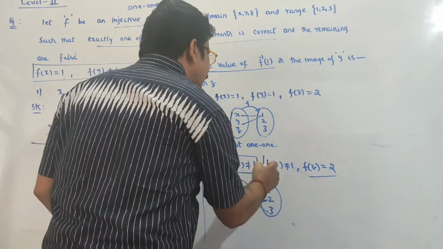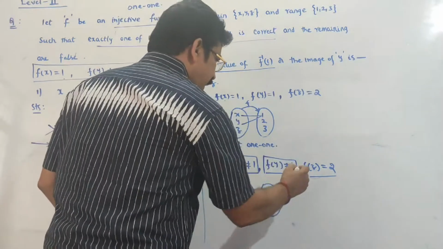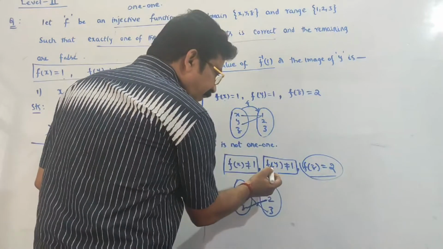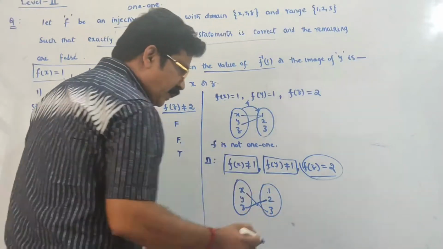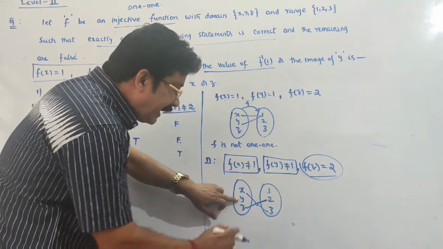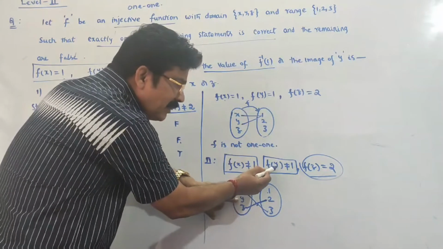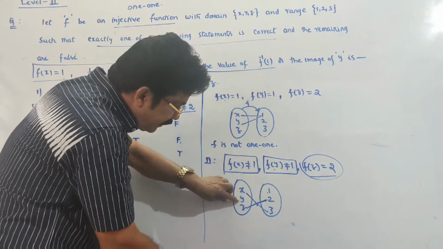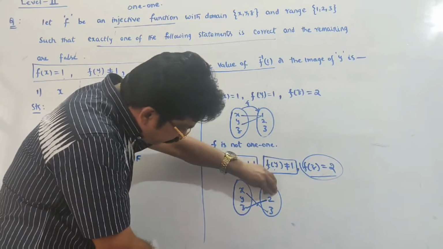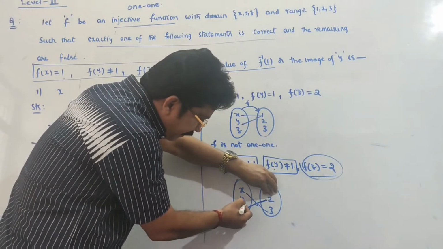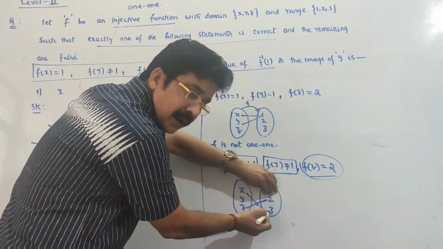Next, the second statement, f(y) ≠ 1. What does it mean? y is not mapped with 1, so y should be mapped with either 2 or 3.